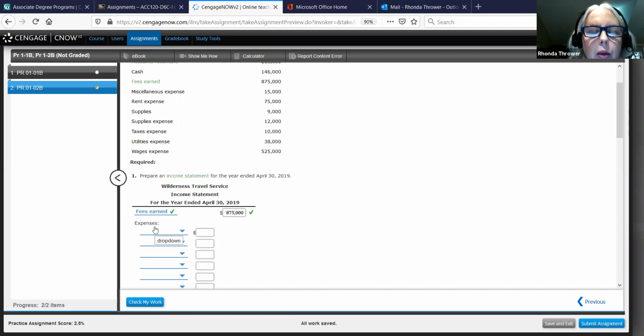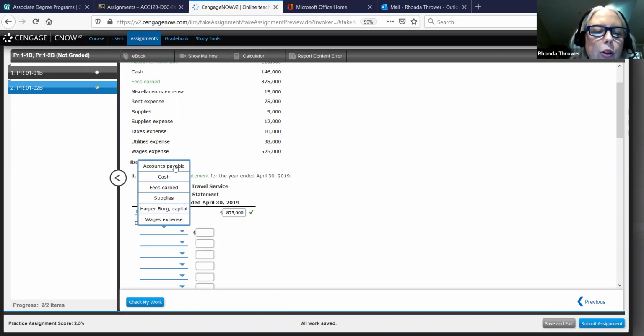Also on the income statement, you're going to have to list all of the expenses that you have incurred during this period of time. Notice they made it kind of easy for us because they gave us a drop down list. So I'm going to choose from this drop down list what my expenses are. Notice my expenses will have the term expense on them.